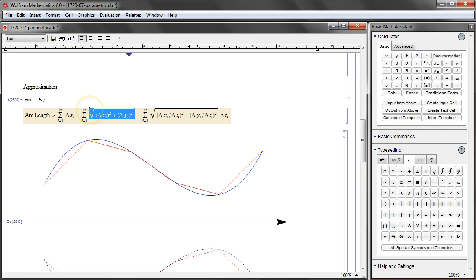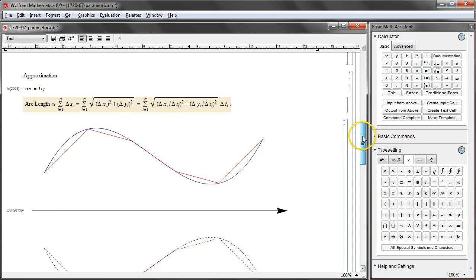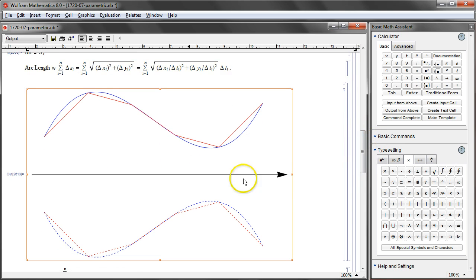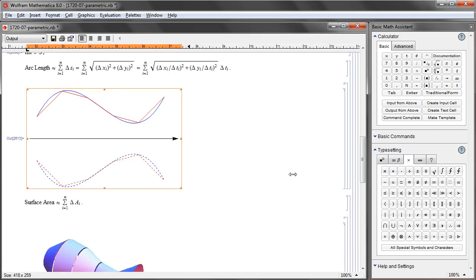So what do we have? We have this kind of computation, and dividing by delta T_i and multiplying those again, we end up with a Riemann sum. So upon taking the limit of this Riemann sum here, we're going to get the arc length formula, and that was the strategy we took for the 2D case, arc length formula.